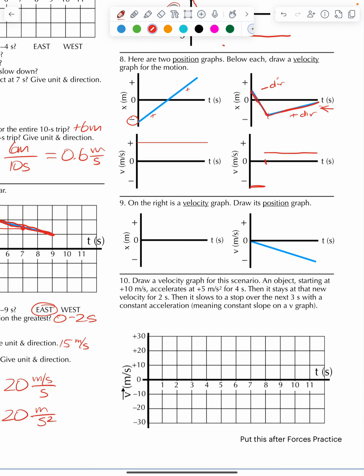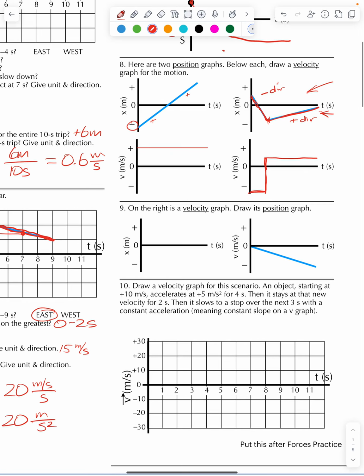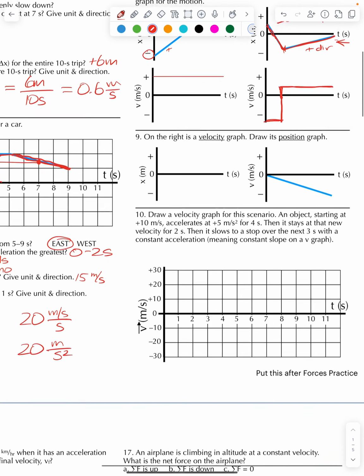Well, that looks almost like immediate acceleration, so it doesn't matter too much. I'll just go ahead and connect them with a straight line, but it is impossible to have a vertical line. That would mean infinite acceleration, but I'm not really caring about that. So yeah, look at those two, and that's how the velocity graph represents that movement in the position graph. We're going fast in the negative direction at a constant velocity, then now we're going slower at a constant velocity in the positive direction.